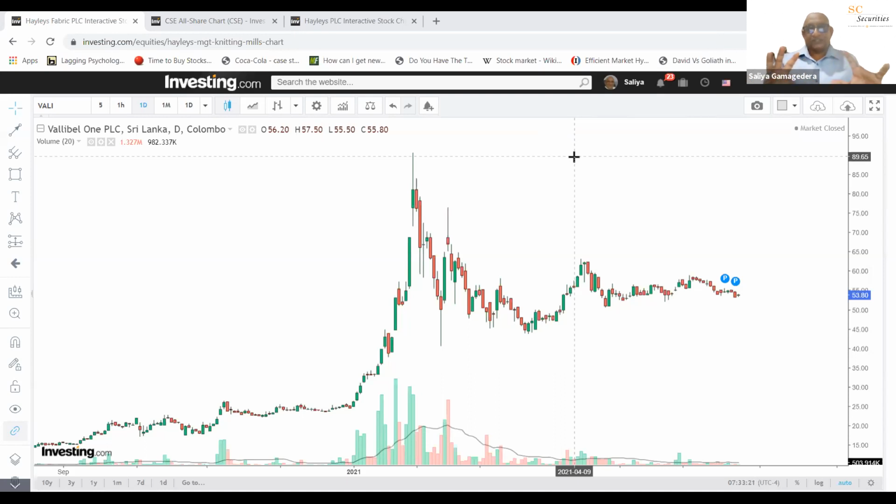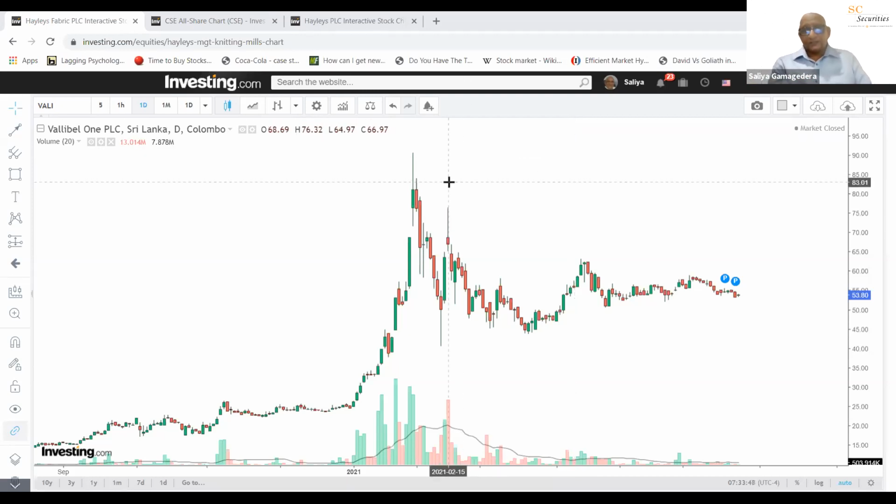Since we are now looking at a daily chart, the period is a day. Even within these daily periods, you will see the waves vary from a shorter time period to a fairly longer time period.